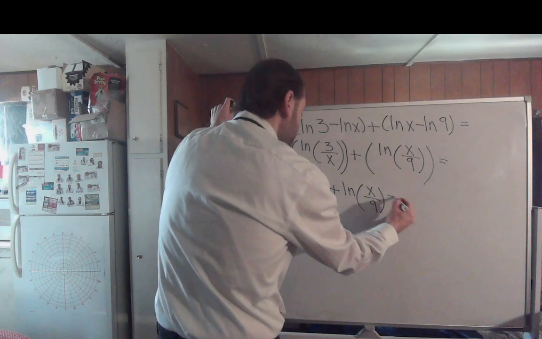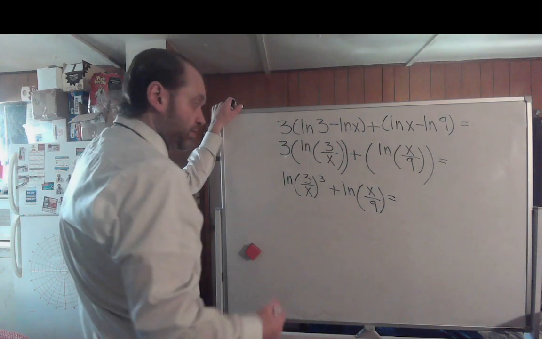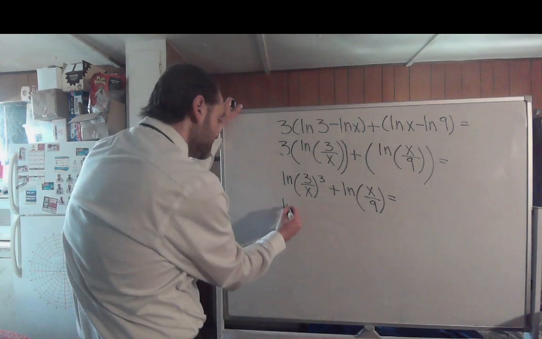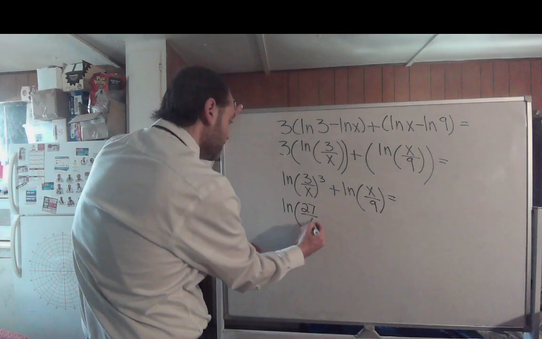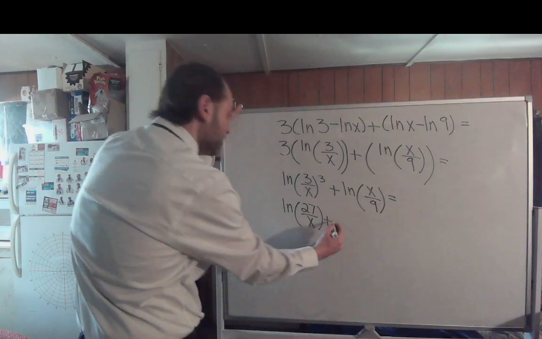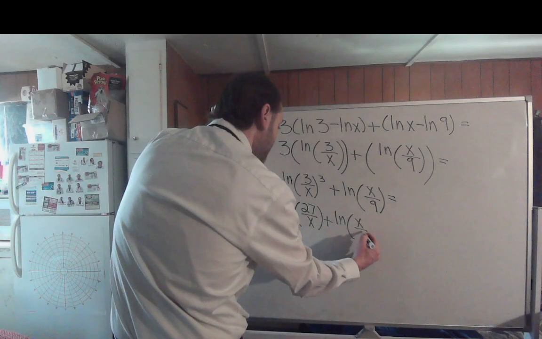Well, let's simplify this, 3 over x to the third power. This is the same as the natural log of 27 over x cubed plus the natural log of x over 9.